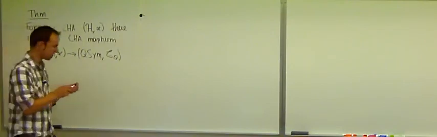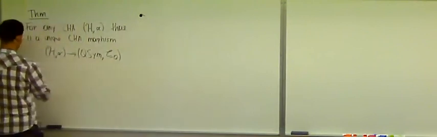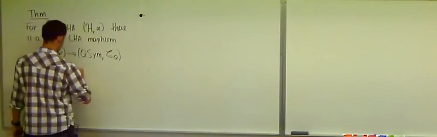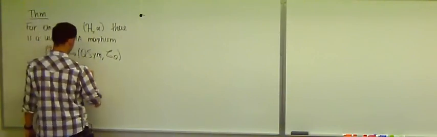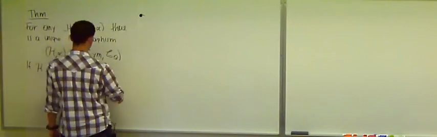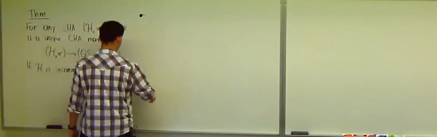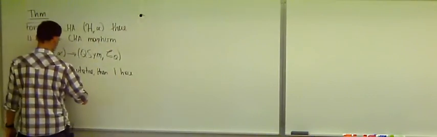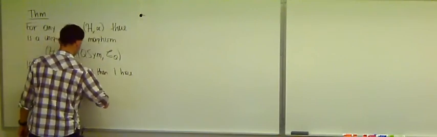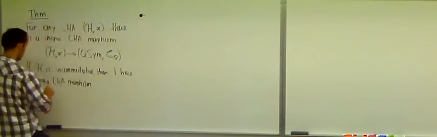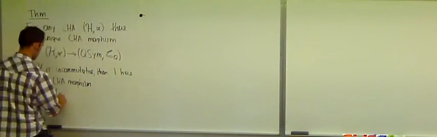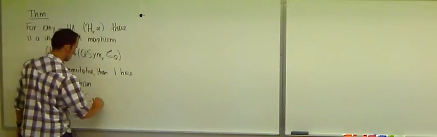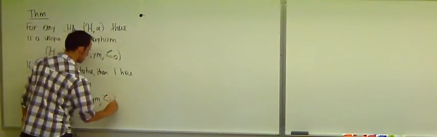Okay, so before I say that, let me say that if H is co-commutative, then I have a unique morphism to actually symmetric functions.